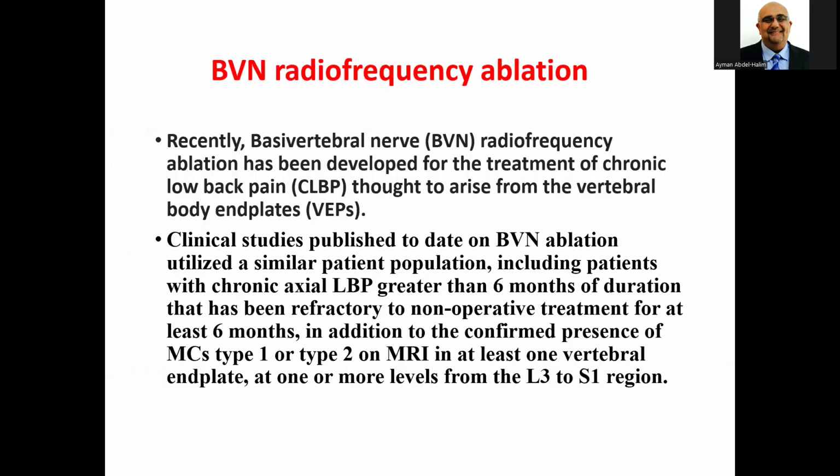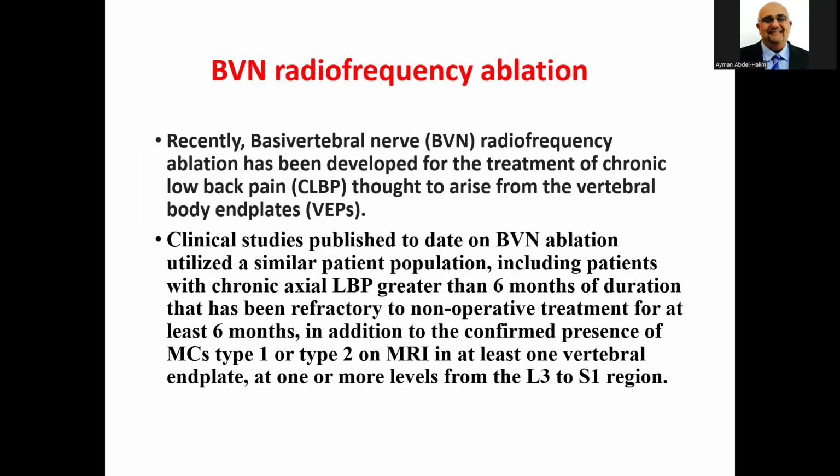We have also another procedure called the basivertebral nerve radiofrequency. So we can block the nerve that's going to the vertebral body. And again, this is indicated for vertebrogenic pain.